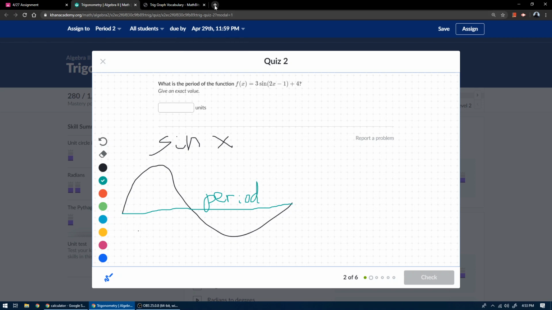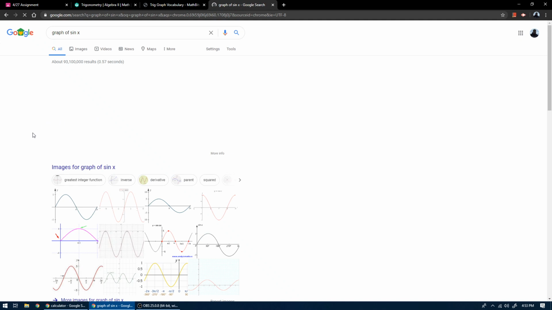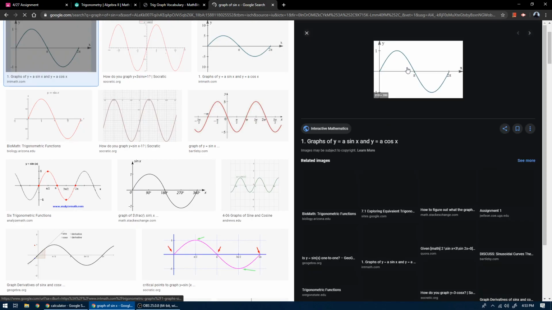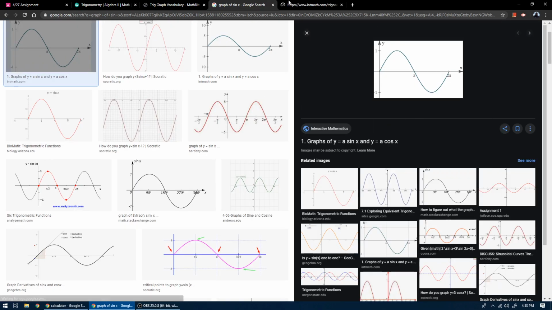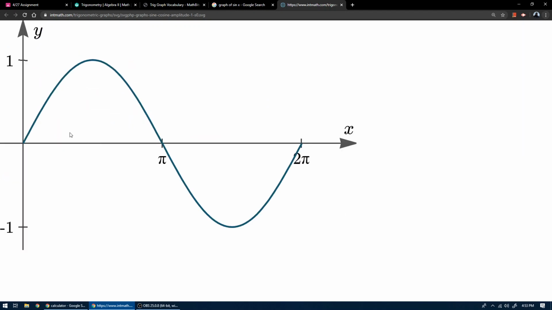If I look at a graph of sine of x, just the basic graph, and I want to know the period, that's the distance for one cycle: up, down, back.